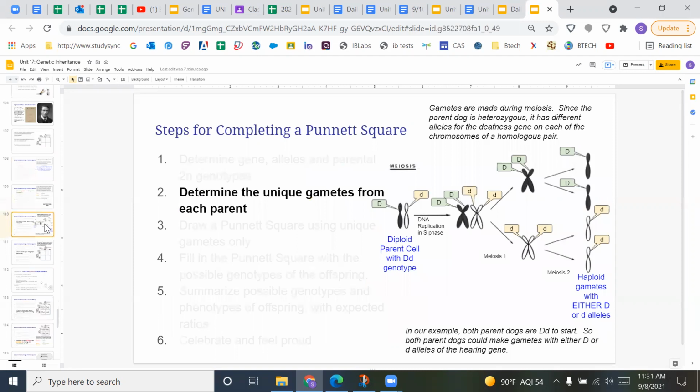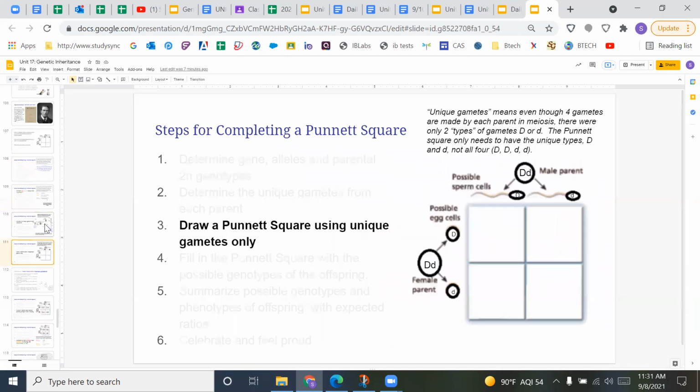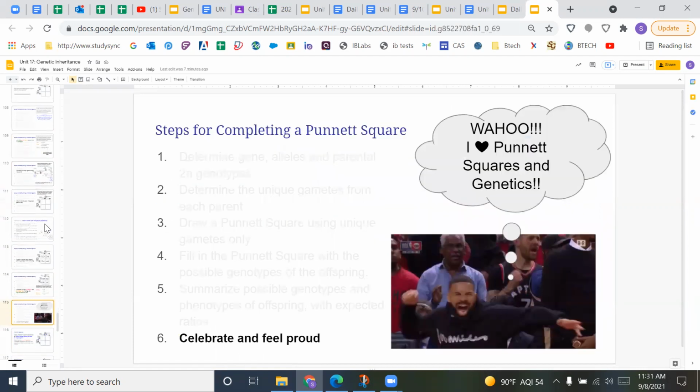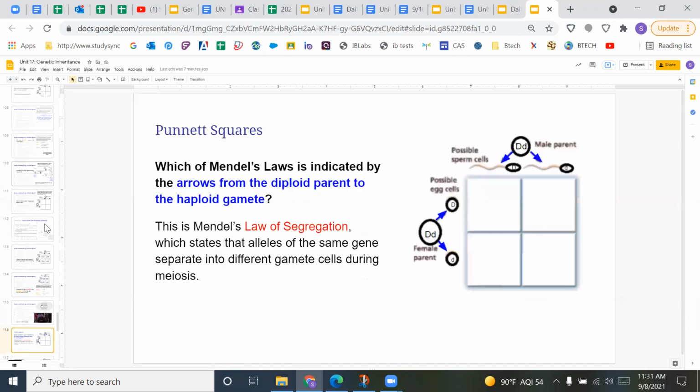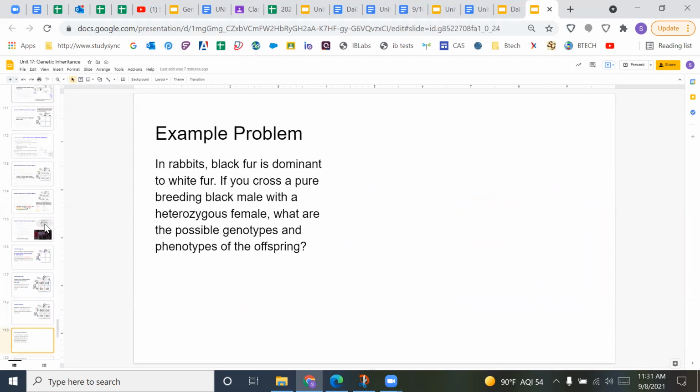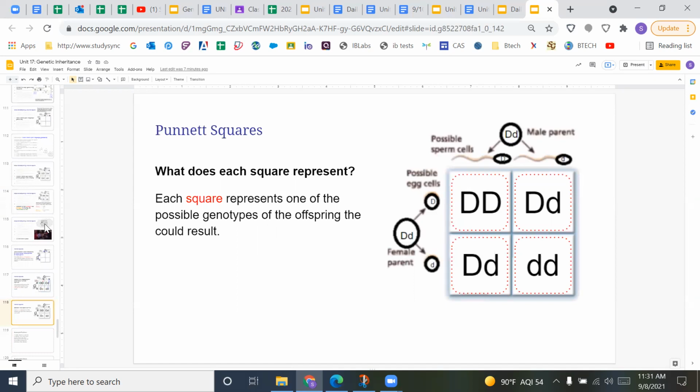And this is easy. It's going to tell you how to fill in a Punnett square. You all know how to do that. But look at this fun gif. So if you're writing down your homework, you need to do page 11, slides 106 to 118. Are we good? Yes. I'll send you a reminder.